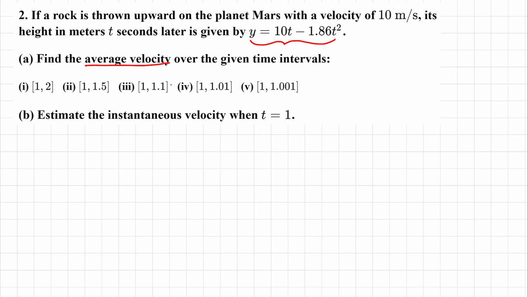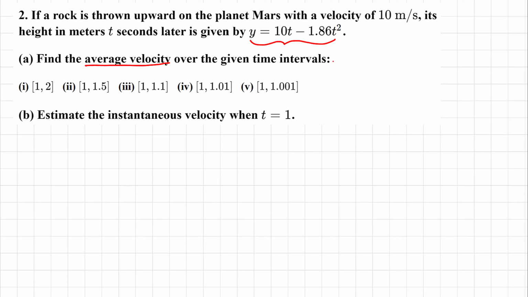So these second numbers are in fact going very, very close to 1, the first number. Okay? And from this trend, we should be able to estimate the instantaneous velocity. So here is average velocity, over the second time, in fact, going towards 1. From there, we can estimate the instantaneous velocity.